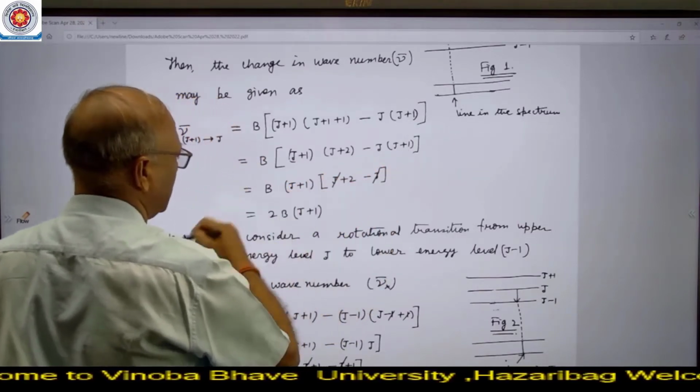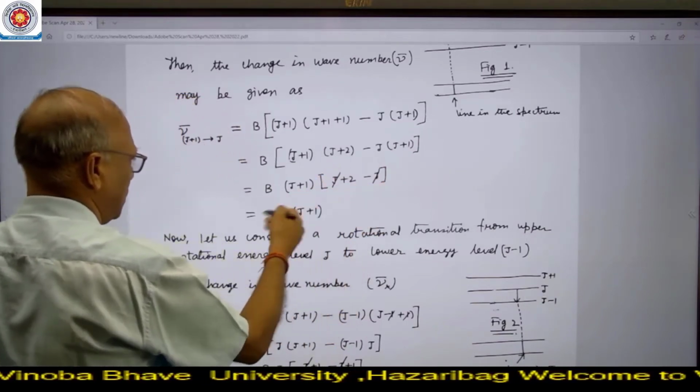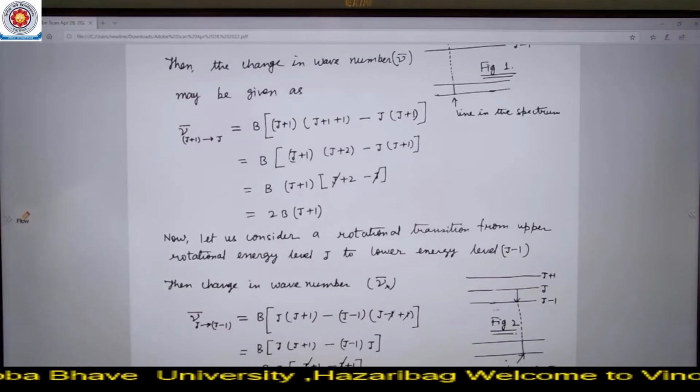J plus 1 is taken common, then it becomes J plus 2 minus J, which is 2, so we get 2B into J plus 1.